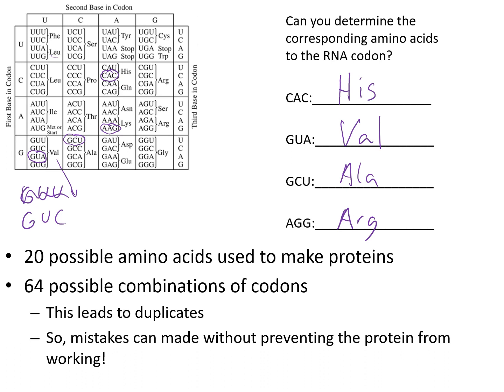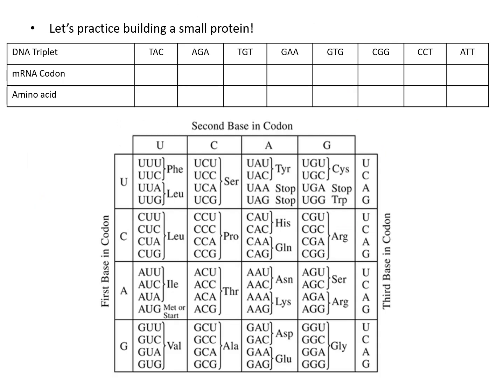So now what I want you to do is, here's a DNA triplet. I'll do the very first one, and I want you to do this worksheet right here, and you're going to finish this one off. But I'll do the very first one right here that says TAC, and you have this in your guided notes. So TAC, that's the DNA. So now we need to figure out what is the codon for that.